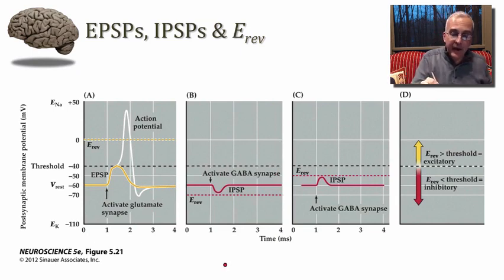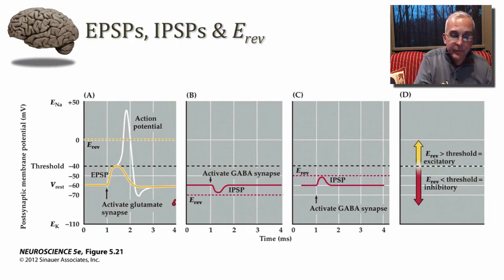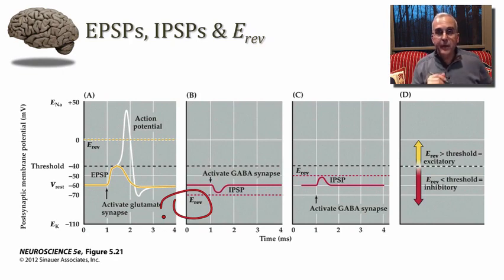If we activate a GABA synapse, there may be a small hyperpolarization. And the reason is that we are trying to drive that postsynaptic membrane to the reversal potential of the active conductance. Same principle that we talked about for the glutamatergic synapse, only now we're applying it to the situation of a GABA synapse. So notice where the reversal potential is for this particular neuron in question.